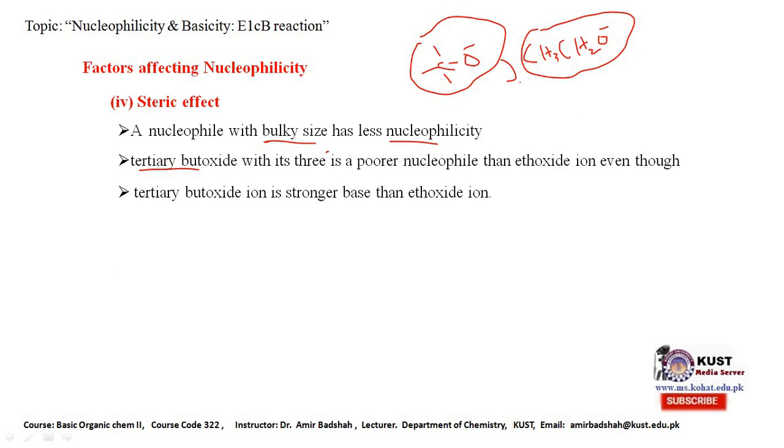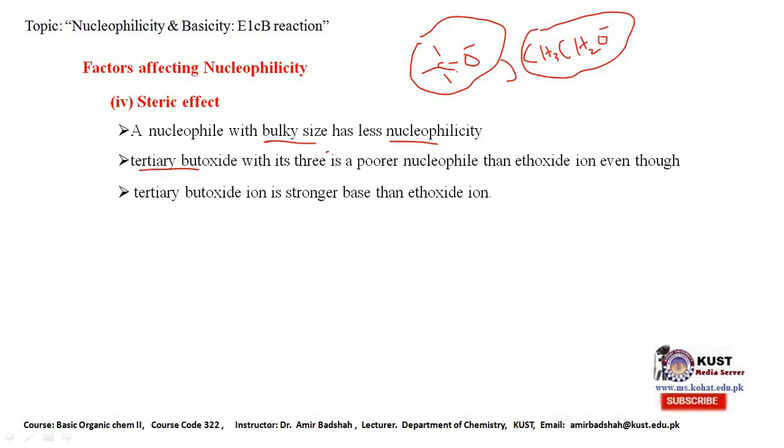The reason is that this is bulky in size, and this is small in size, so due to bulky nature, it cannot easily approach the electrophilic carbon, and ethyl oxide can easily approach the electrophilic carbon. So that's why ethyl oxide is more nucleophilic than tertiary butoxide.